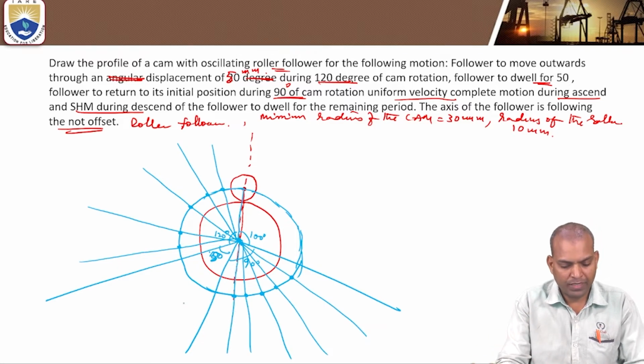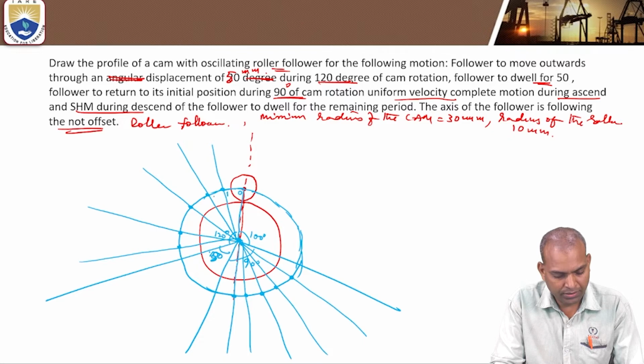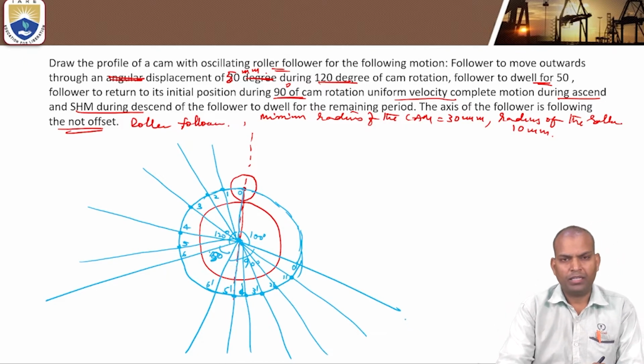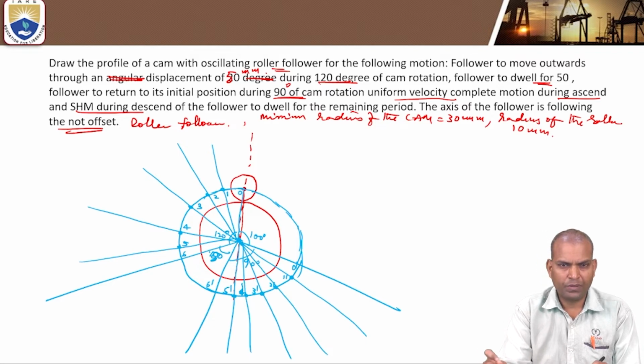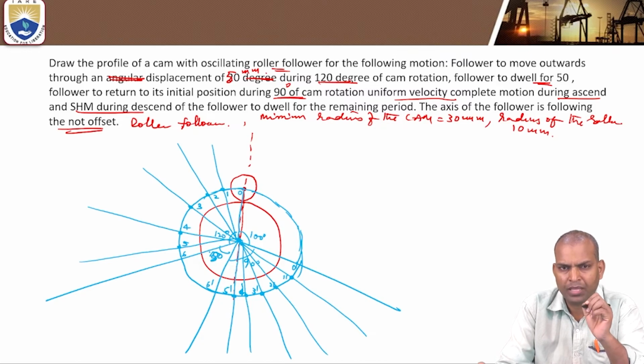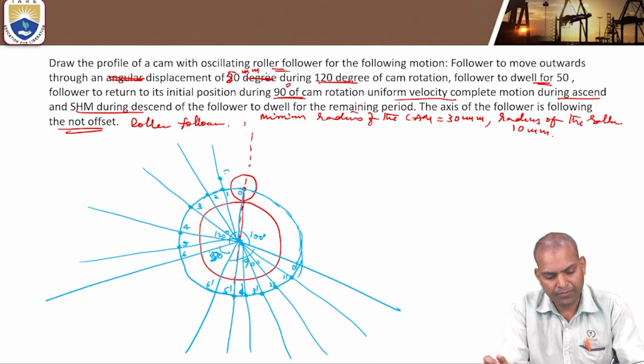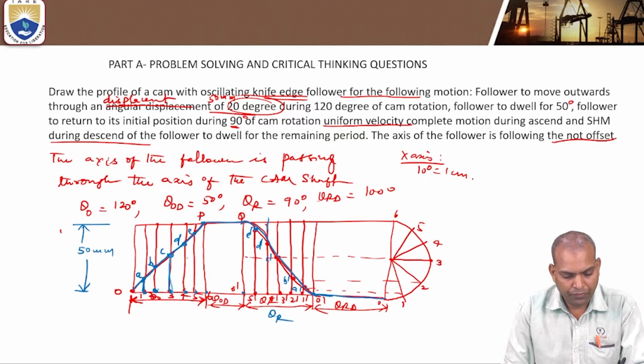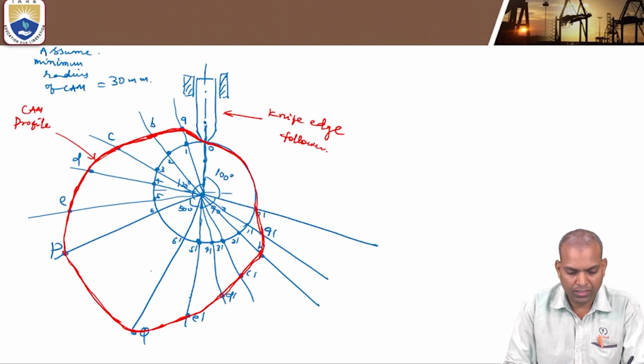Now take from the displacement diagram and mark it. These are the points 0, 1, 2, 3, 4, 5, 6. This is 6 dash, 5 dash, 4 dash, 3 dash, 2 dash, 1 dash, 0 dash. Now from 1, take the vertical distance from the displacement diagram, from the partition of the outstroke portion. From 1 to A, mark this A. Similarly 2 to B, 3 to C, 4 to D, distance from point 4 to D, mark it.